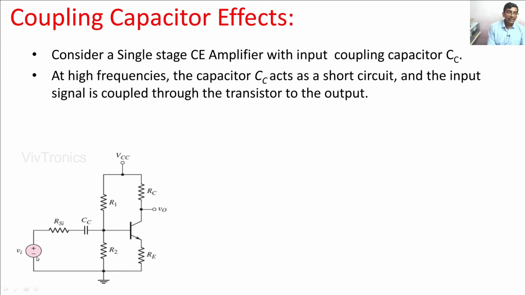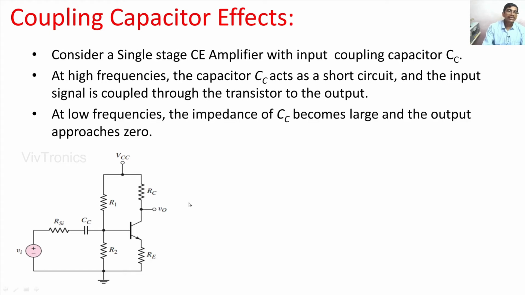Therefore, the input signal Vi is transferred to the base of the transistor, then goes to the output side. For low frequency signals, the impedance of the coupling capacitor CC is very large and it does not allow the Vi signal to flow to the transistor input, so it acts like an open circuit. Therefore, the output voltage will become 0.